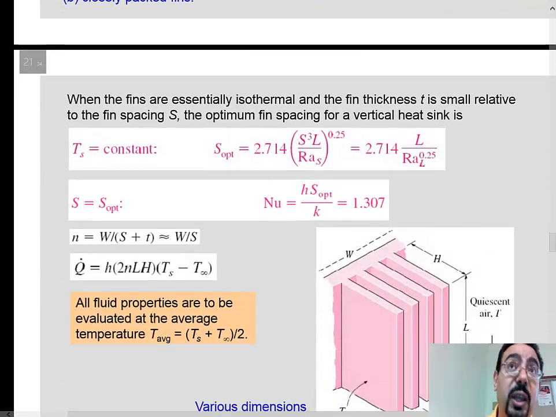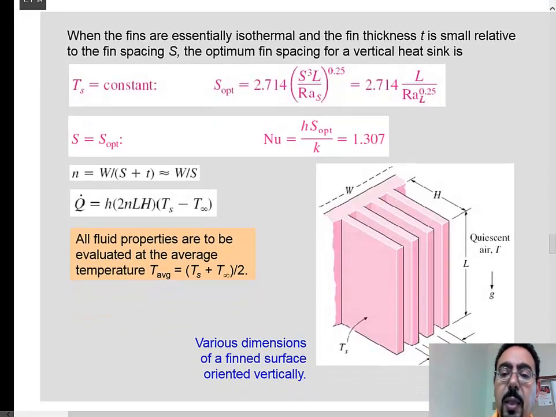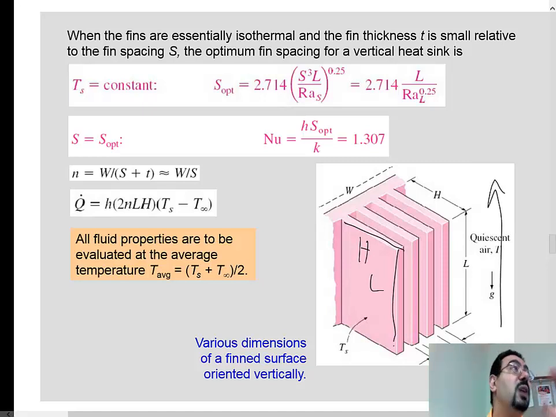Once you get that Nusselt number, you can get the h, and you will say that Q is h multiplied by delta T, Ts minus T infinity, multiplied by the area. So what is the area? It's basically this multiplied by this, right? This is the height multiplied by the length. Notice this is vertical, so the L is always the height.